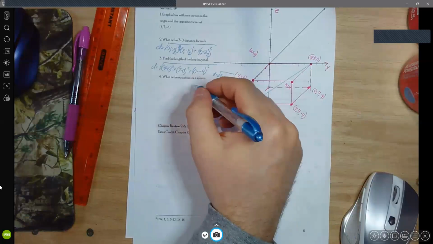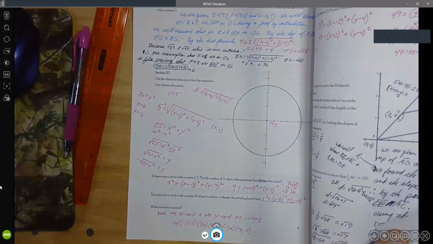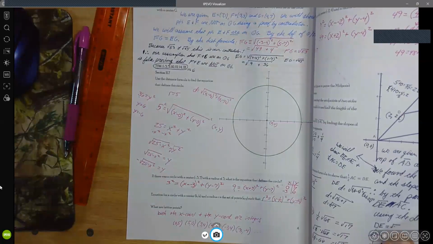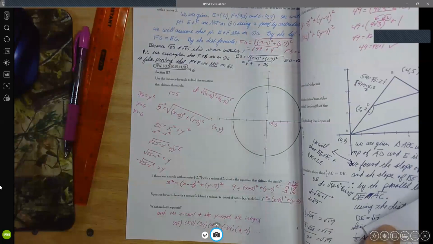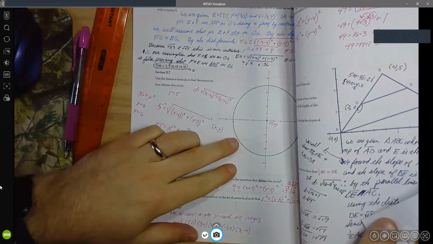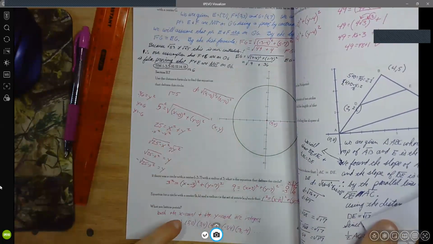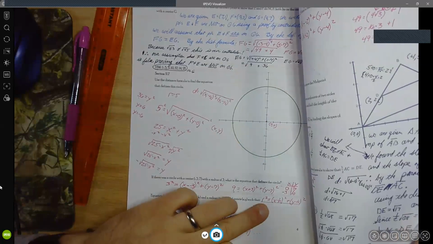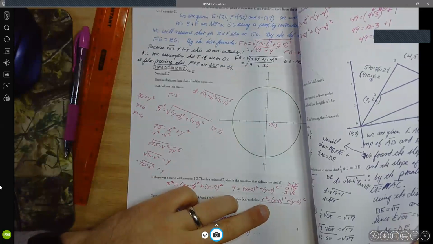Number 4, what is the equation for a sphere? So thinking back, we did the equation for a circle, we looked at the distance formula, and we said we're really looking at what is the distance from any point on the circle to the center. And so we came up with this formula down here for the equation for a circle, where r is the radius and (h, k) is the center.